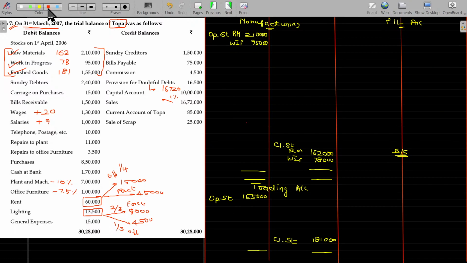Stocks over. Let's move on to the sundry debtors posted in the asset side. Sundry debtors, the value being 2,40,000. Anyhow, we have provision, right? So I will put the value in the inner column minus PDD.